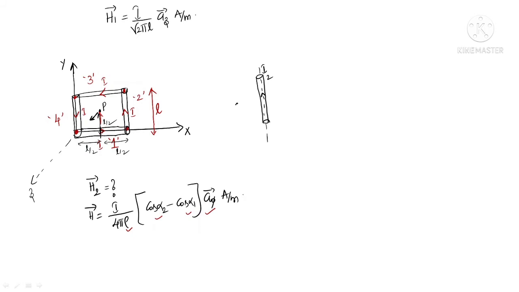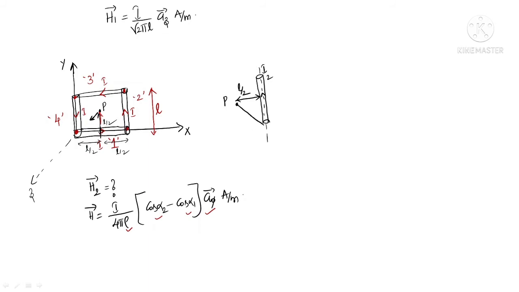Now where is the point of interest? This is the point of interest, which is exactly, as the point of interest is at the center of this square current carrying loop, the distance between the second side and the point of interest P is L by 2. L by 2. Is it right or not? Now how can I find alpha 1?